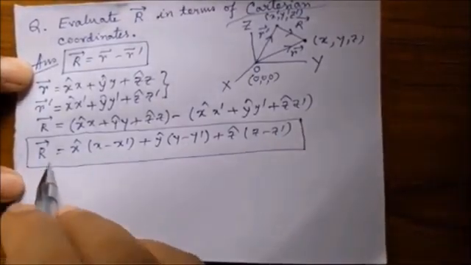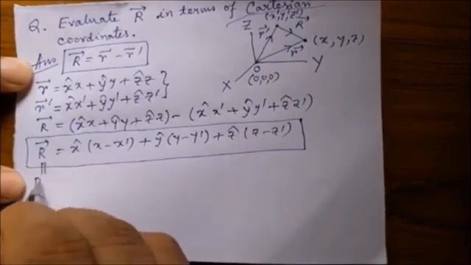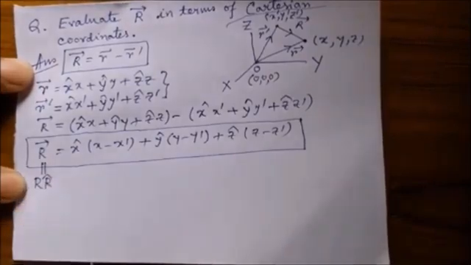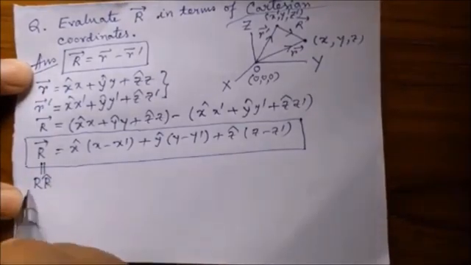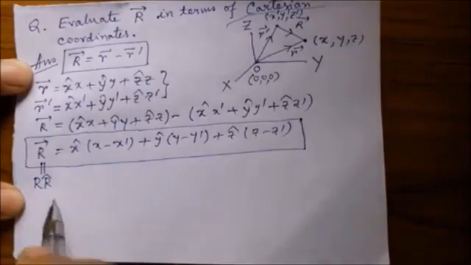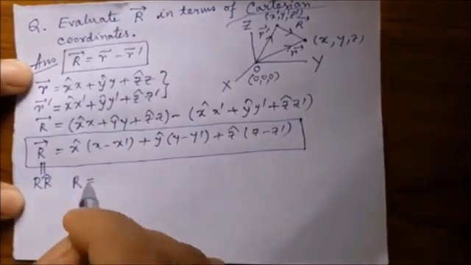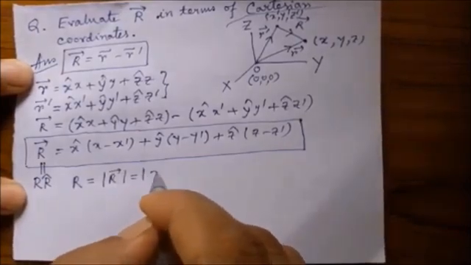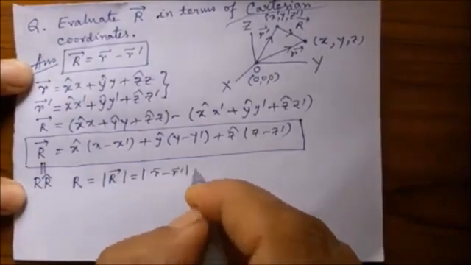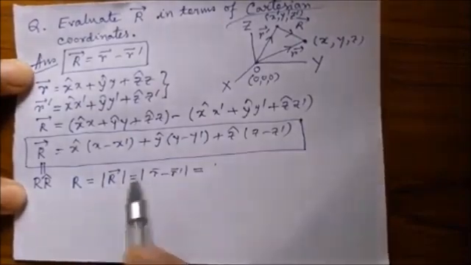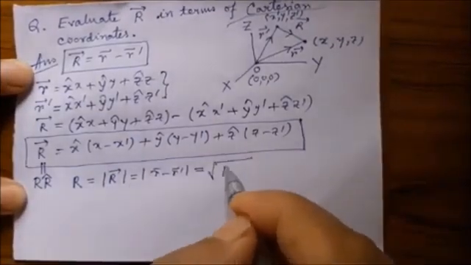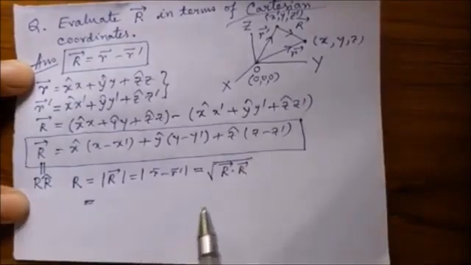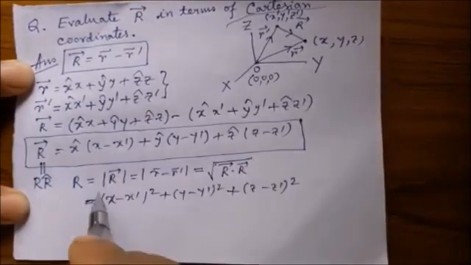Now this being a vector, it has two parts. One is the scalar part and the other one is the vector part. Our task is to find R and R cap separately. So let us first find scalar R. Now this can be written as under root vector R dot vector R, and this leads to the whole under root.